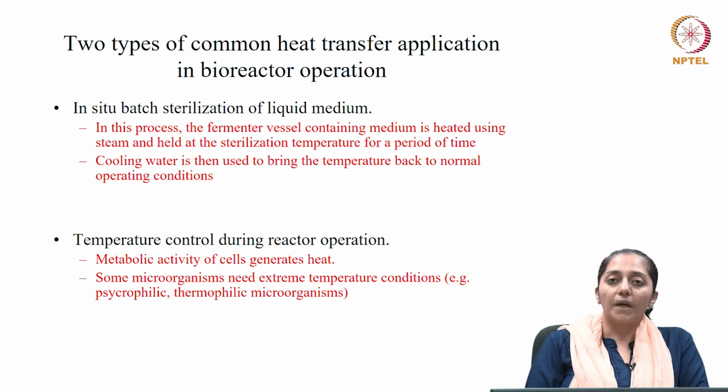Then some of the microorganisms, as per their natural characteristic, might need extreme temperatures for survival. So, microorganisms are classified depending on the temperatures at which they survive, like psychrophilic, thermophilic or mesophilic organisms.